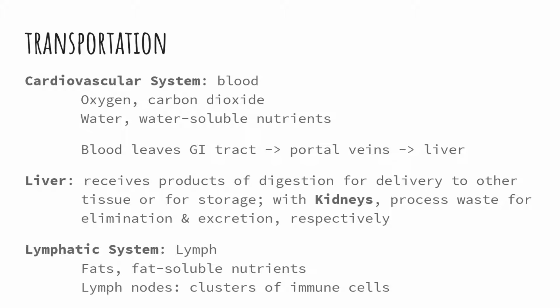The liver then basically receives the end products of digestion, either to convert to something to be stored or to convert to something to be excreted through the kidneys, or delivery to other organs in the body for use. And then the lymph system is where we see immune cells and fats or fat-soluble nutrients will be absorbed into the lymph system and then moved into the blood.